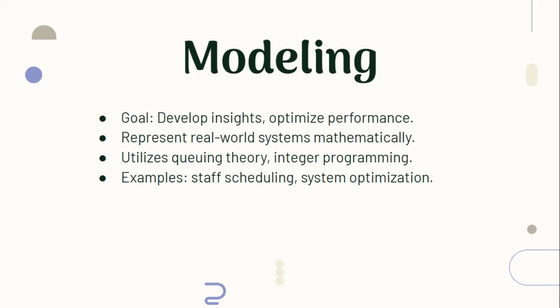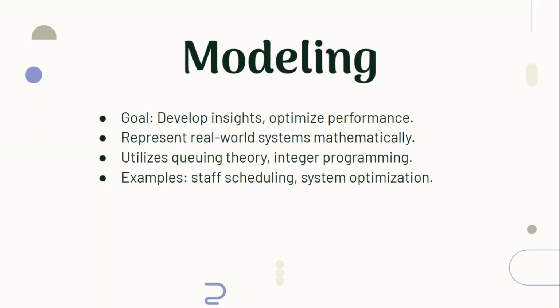In operations research, modeling is essential for understanding complex systems, analyzing their behavior, and designing effective solutions. The OR model abstracts the essential features of real world problems, allowing decision makers to analyze and optimize the system performance.